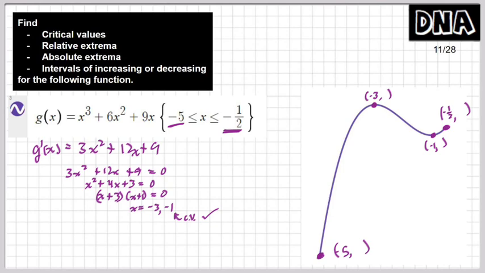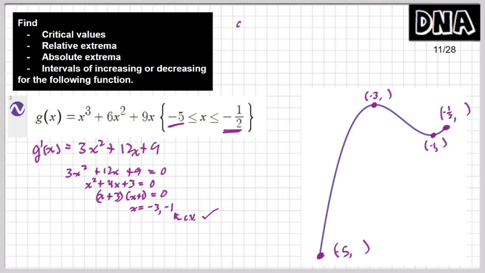Now, we have two different functions that we can plug them into. Are we going to plug those numbers into g prime or into g in order to find the y values for these two points? G. Yes, we're going to plug them into g. This is very important that you make note of, because we make these mistakes all the time with which one we are supposed to plug it into.